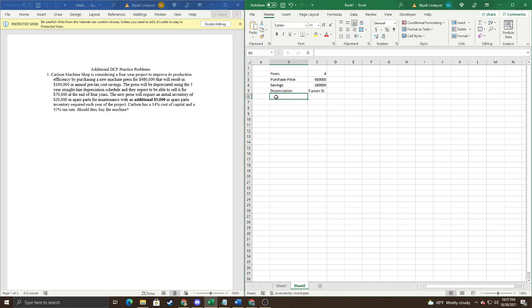So we're going to say sale price. We're going to have 70,000. Sorry, I said 60,000 earlier. I meant 70,000 at the end of 4 years. The new press will require an additional inventory of 20,000.